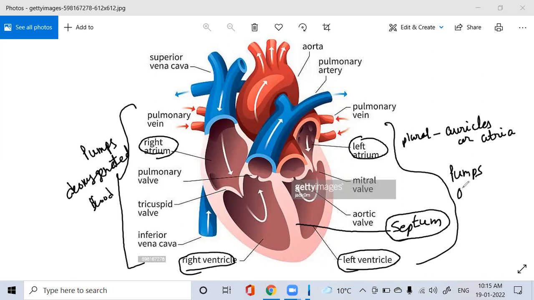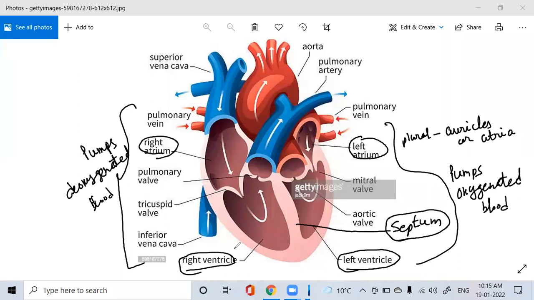Oxygenated blood, right? Deoxygenated and oxygenated blood to different parts of the body. And this septum ensures that the blood on the 2 sides, right side and left side, will not mix at all, right?